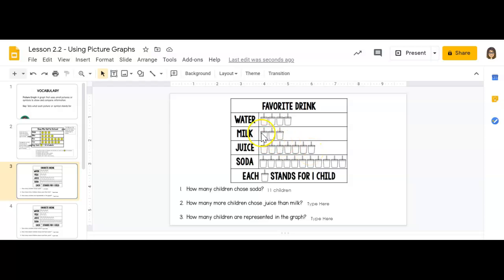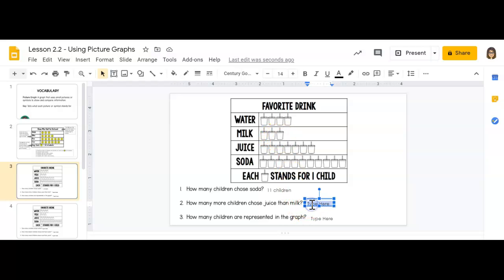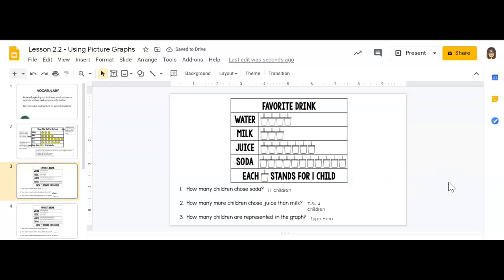And now they want to know how many more chose juice than milk. So let's count milk. 1, 2, 3. Let's set up that subtraction problem. So 7 minus 3 equals, okay, 7 take away 3. The answer is 4. So we know the answer is 4 children.